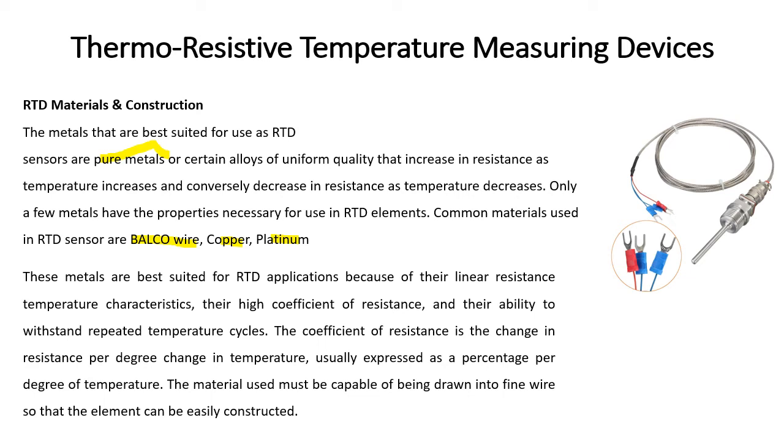Typically, RTDs in a power plant or in other industries are generally used in areas where, if this is a casing of a turbine, RTDs are generally grooved inside the sheath of the turbine casing or pump casing.